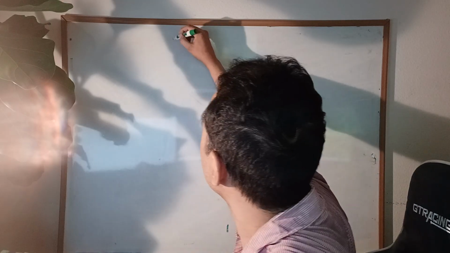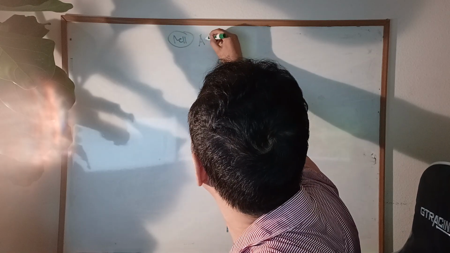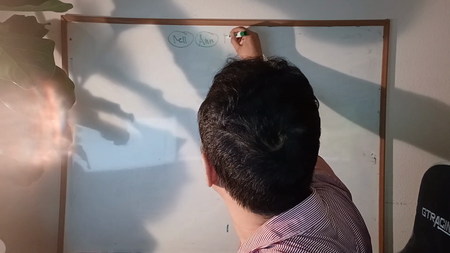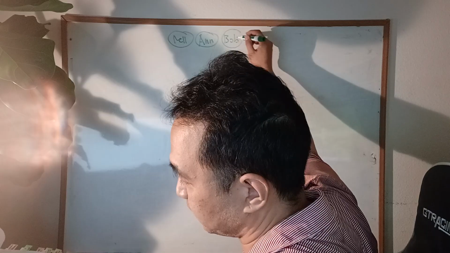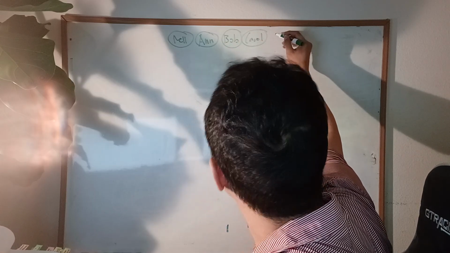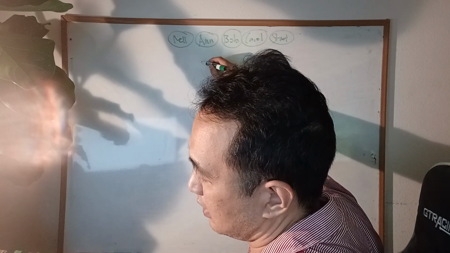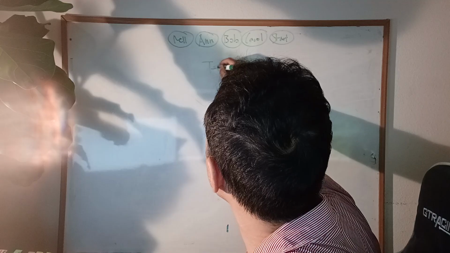So here we have: what rights, if any, do Nell, Ann, Bob, Carol, and the Start employees have in Ted's estate?